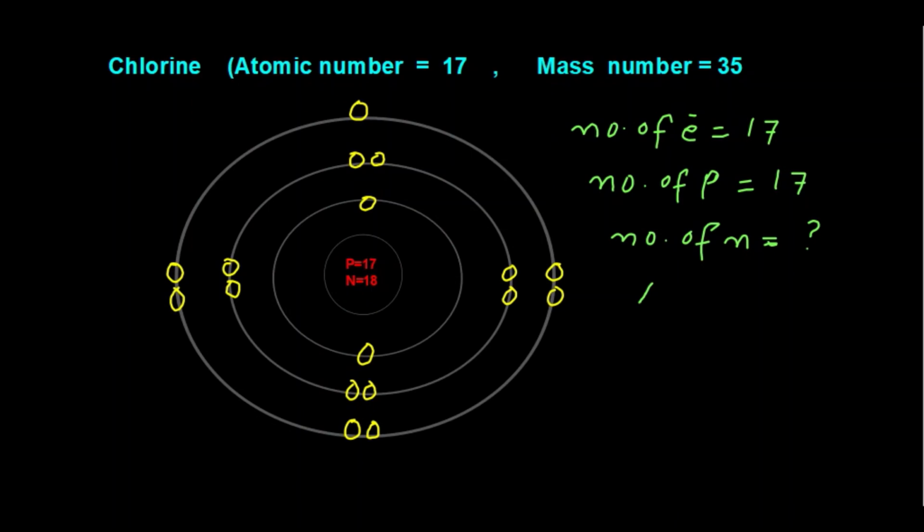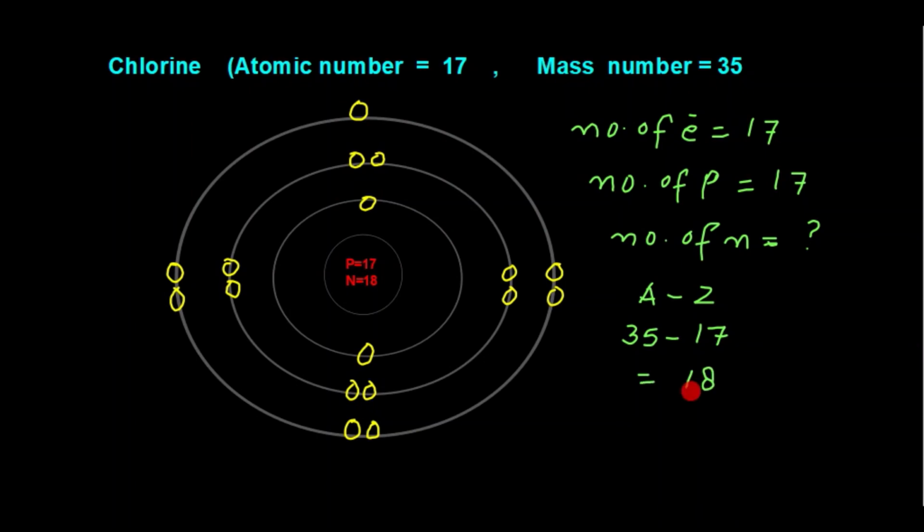In order to calculate number of neutrons, we use the formula A minus Z, where A is the mass number while Z is the atomic number. What is the value of mass number here? The mass number is 35 and the value of Z, that is atomic number, is 17. By subtracting 17 from 35, we get the answer, that is 18.